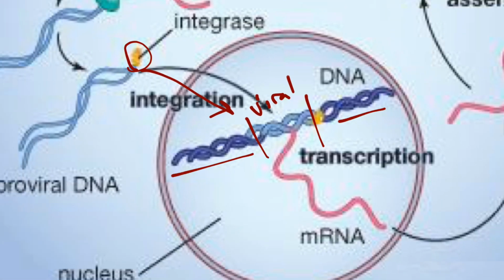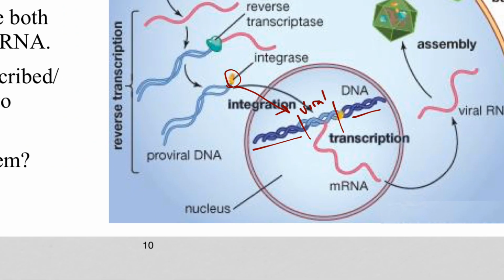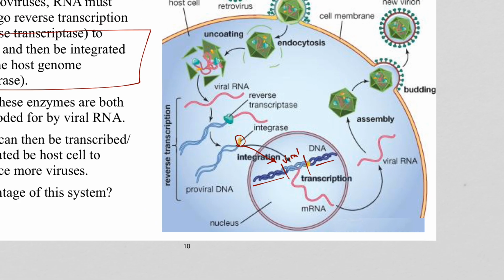This light blue chunk is the viral DNA. This dark blue over here is the host cell DNA. The illustration shows this enzyme has taken the virus's DNA, inserted it into the host cell's chromosome, the human chromosome, and made it permanent.